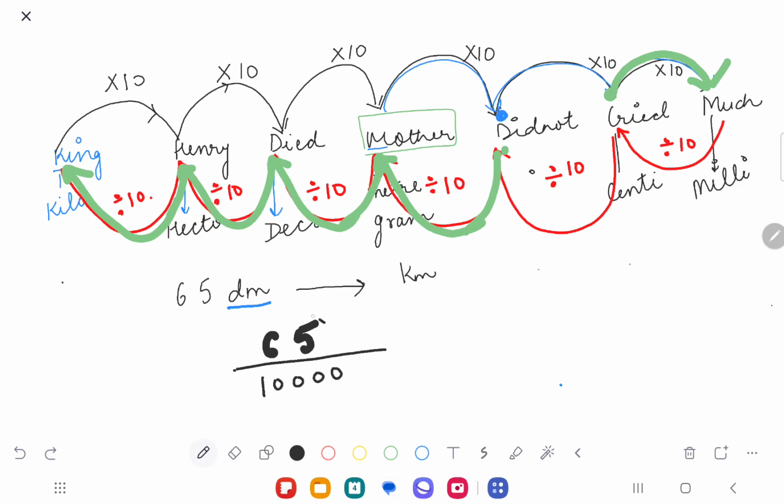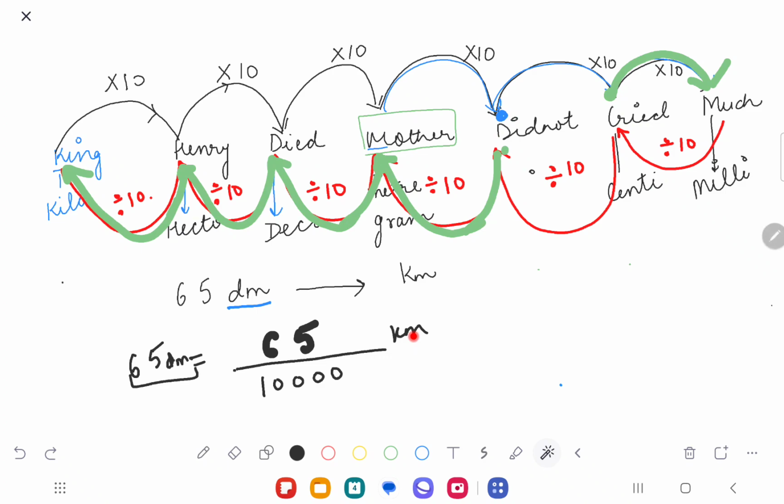That's my answer. So 65 decimeters is basically 65 divided by 10,000 kilometers. Are you understanding my point? Easy.